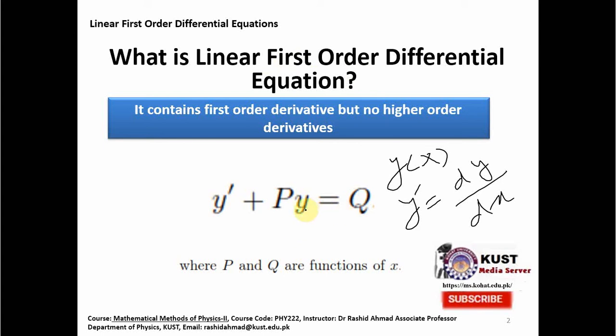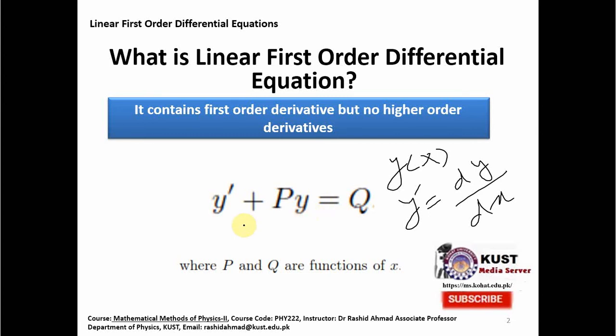Such equations are used in physics to model many physical situations and problems. Later in the lecture I will give you an example from radioactive decay, where this type of equation will be used to solve the radioactive decay problem.